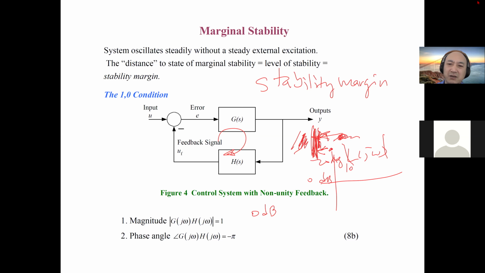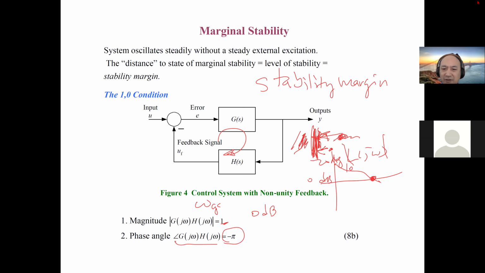If you draw a Bode plot, you cross this point. At this point we call omega gain crossover, GC. When omega is omega GC, the magnitude is 1, it's 0 dB, here at this point. And there's another point where the phase hits minus pi.